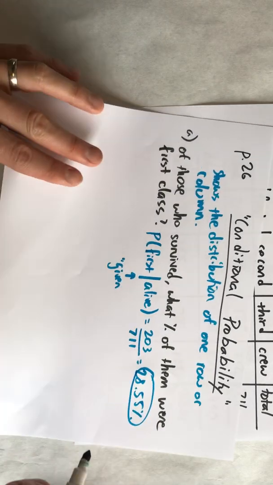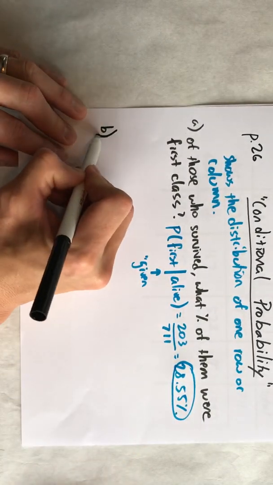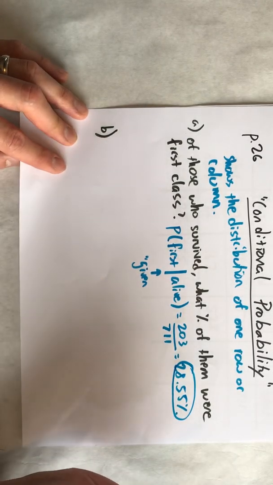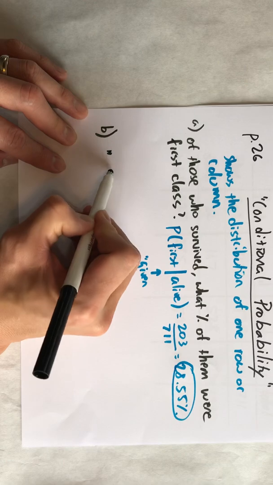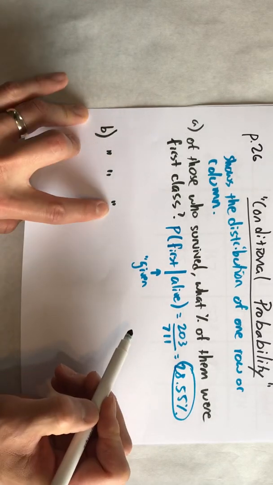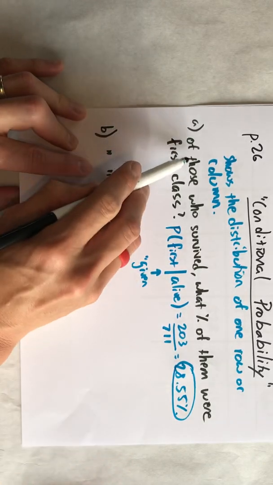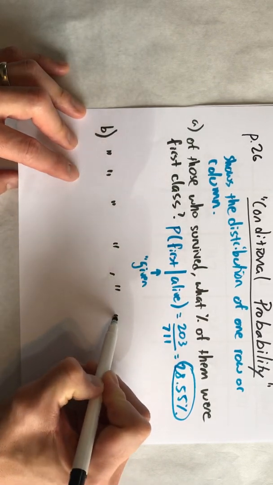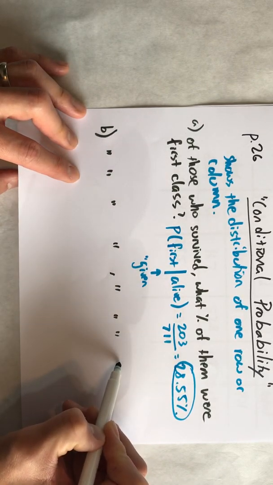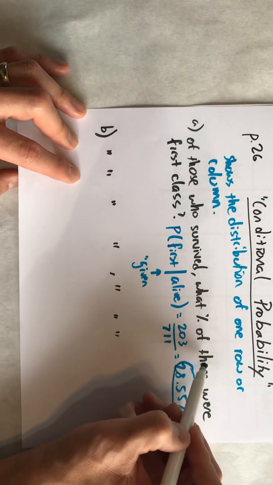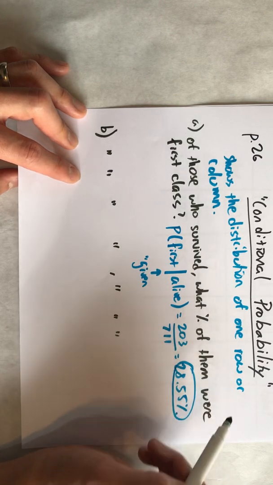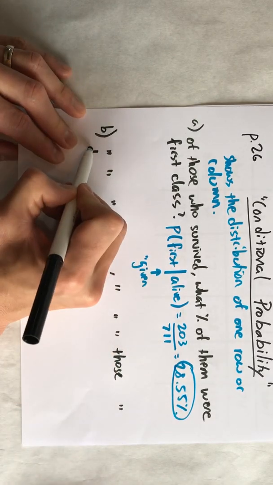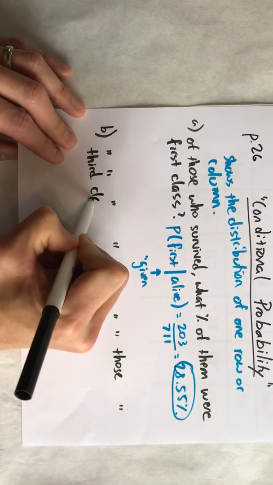So what if I wanted to compare that? Back to my question of, did being in first class have a higher chance of surviving than being, let's just say third class. So of those who, is it okay if I use ditto marks right now? Ditto marks just mean it copies the sentence above it. Those who survived, what percent of those were third class?